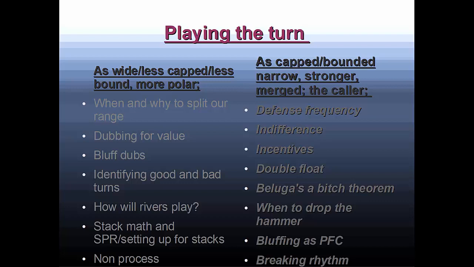Baluga theorem and how good it is, and when it breaks down, and when it's great, when it's awful, and my personal twist on it, the "Baluga's a bitch" theorem, whereby we can take that idea of Baluga theorem and turn it on its head by finding good TAGs that take pot control lines, but maybe before they've been able to identify us, we identify them.